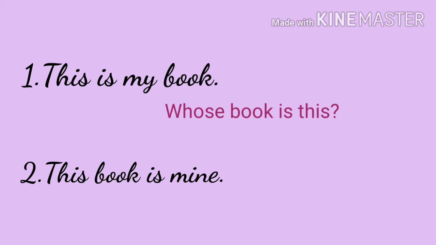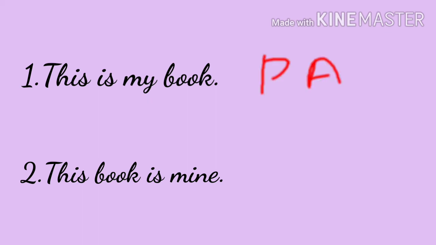Yes, then we will get one answer. What is the answer? My. That my is a possessive adjective. Great. Then take the second one. We already learned how to identify a possessive pronoun. Here, mine stands at the end of a sentence. So, here mine is the possessive pronoun.